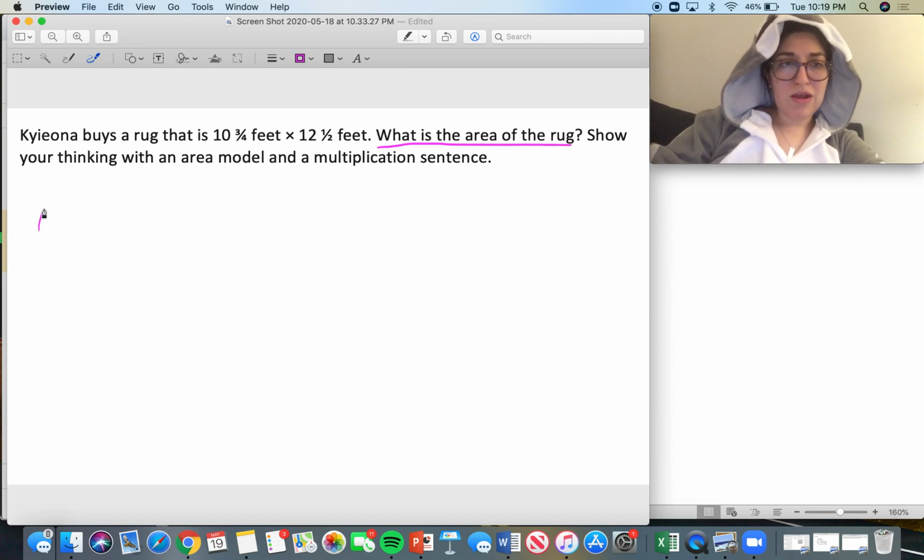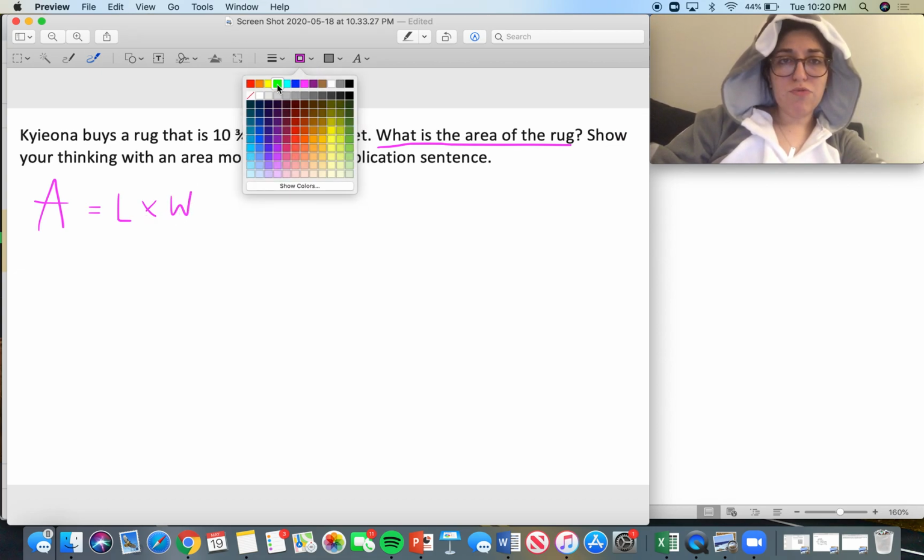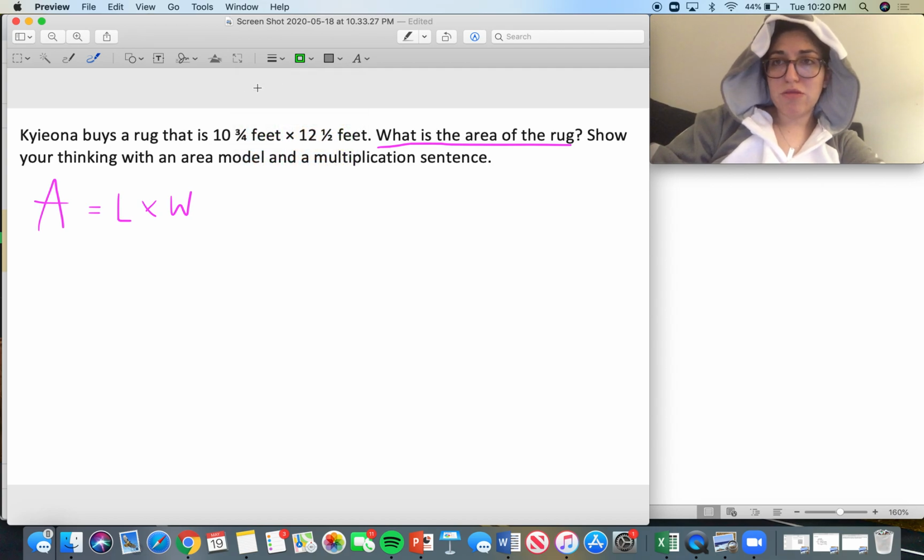And we know that area is length times width. So now we need to look, where in the problem do we see length and width? When it says Kiana buys a rug that is 10 3/4 feet by 12 1/2 feet, that is the problem giving us the length and the width.